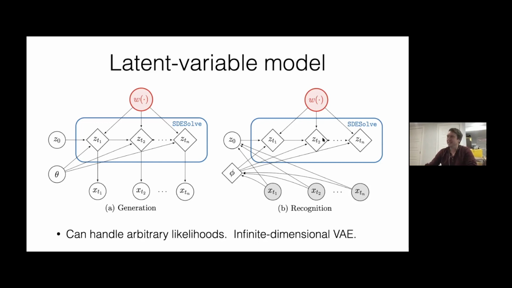To do recognition, it gets a little bit crazy. If we're trying to fit more than one time series, we have to have a system that looks at all the data and outputs the parameters of an SDE, and that SDE will implicitly define an approximate posterior over the trajectories of Z. This is where I want to slow down a little bit, and I think Dan especially is going to really love this.